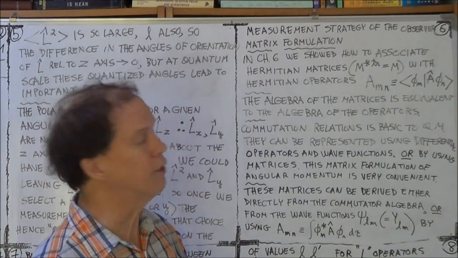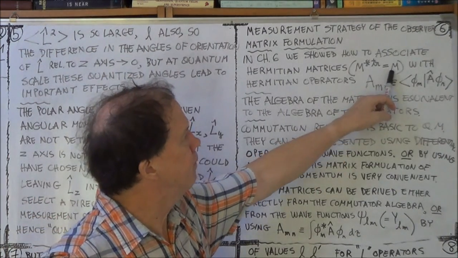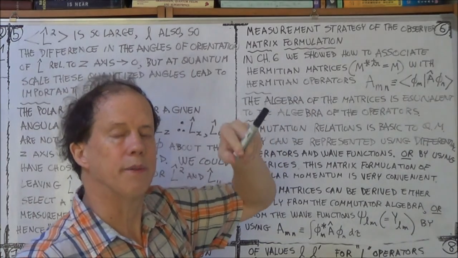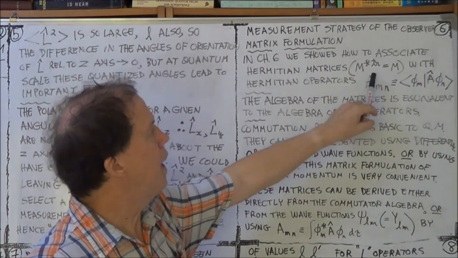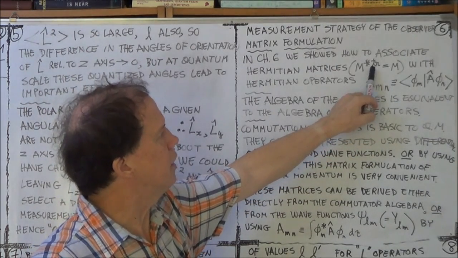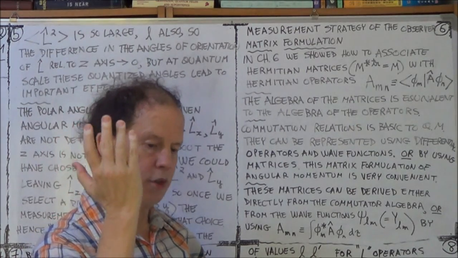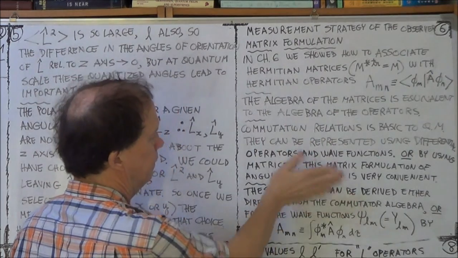Okay? Now, can you remember the definition of a Hermitian matrix? You take a matrix M and you conjugate it, so all the terms with an i, square root of minus 1, they all become minus i, and you transpose it. Remember, transpose means turn the rows into columns and the columns into rows.